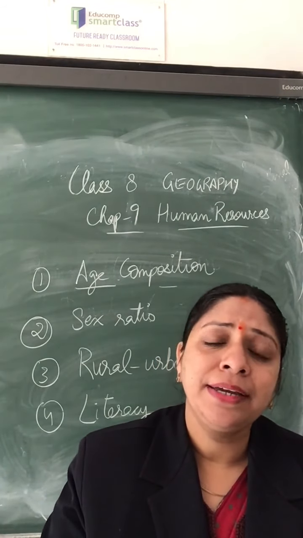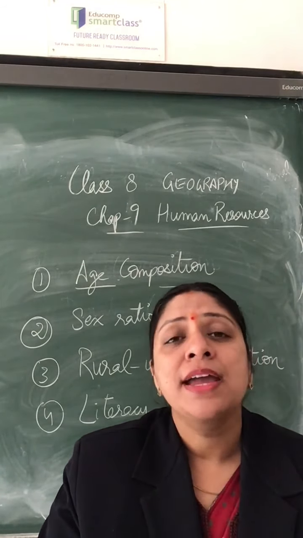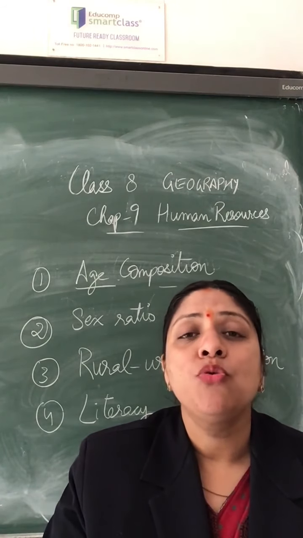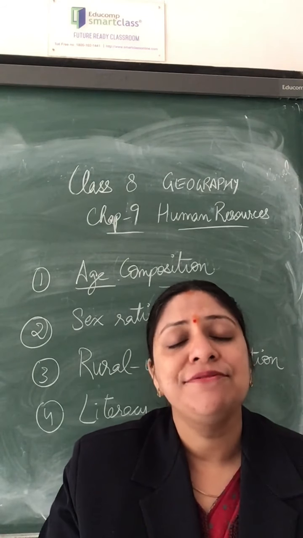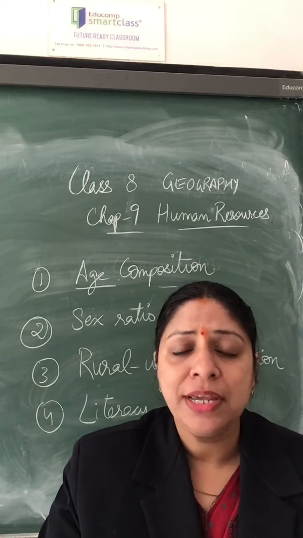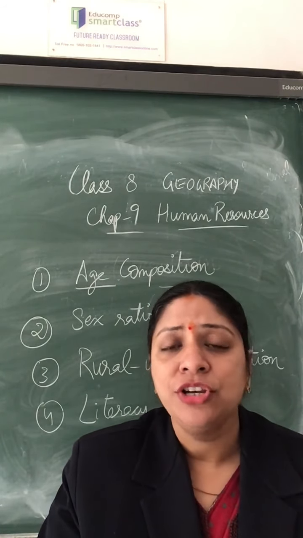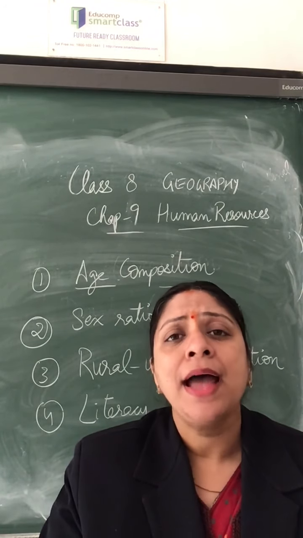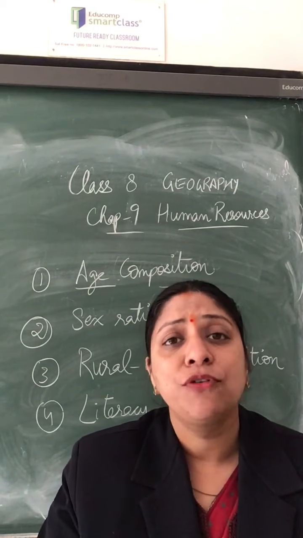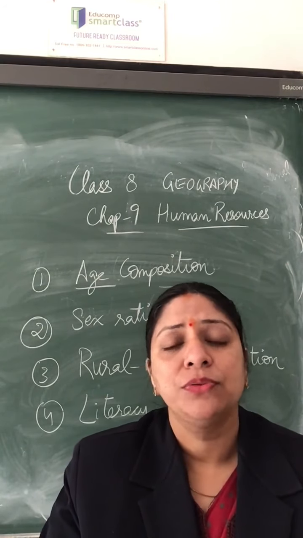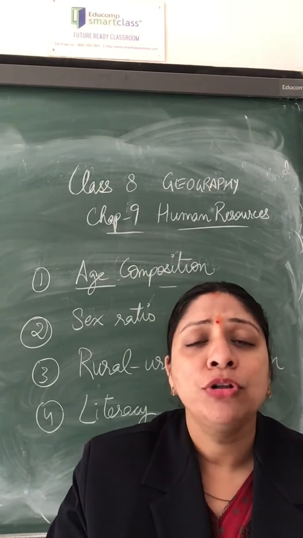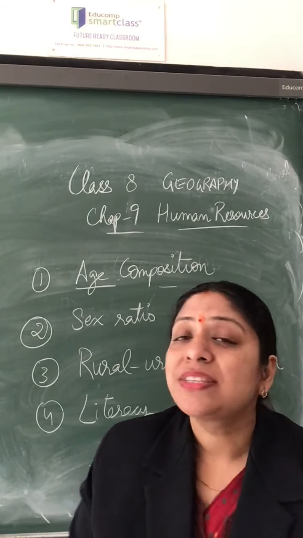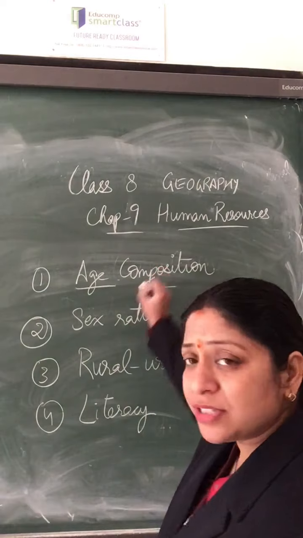The third category in the age composition is again the dependent ones, the people who are more than 65 years of age. Obviously, at 65 years of age, they have already worked so hard throughout their life and are now not in a physical state for continuing with more physical work, and therefore they are also considered as the dependent population. This comes to the end of age composition.